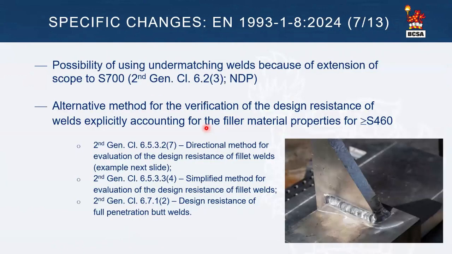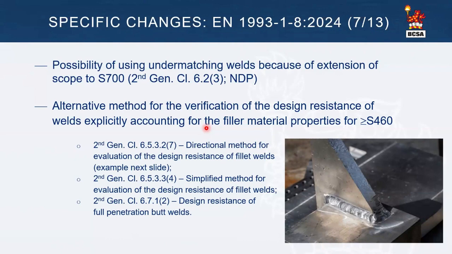Moving on to section 6 for welded joints. The current code assumes that the filler metal, so the weld metal, has identical or better properties than the parent metal. So you're looking at matching or overmatching electrodes. Because we now deal with higher strength steel grades, the possibility of using undermatching welds is also allowed.